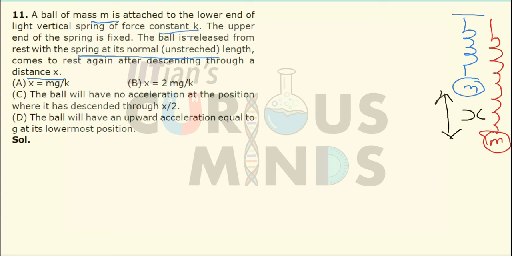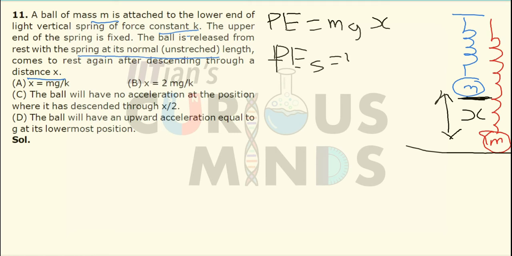By the law of conservation of energy, if I take this as the ground, whatever is the potential energy of the ball, mgx, will be equal to the potential energy stored by the spring, which is half kx square.